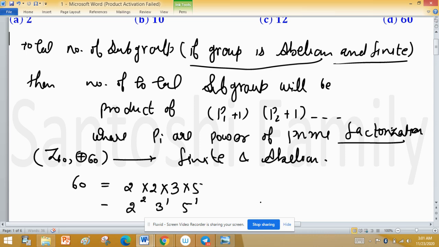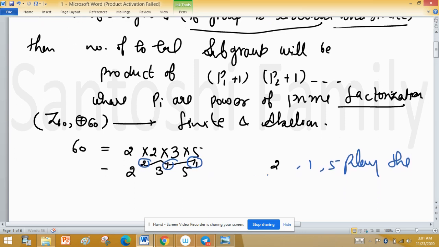Here these exponents 2, 1, 1 play the role of the pi.